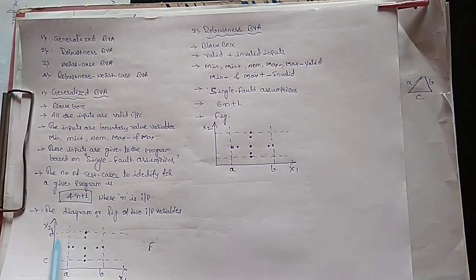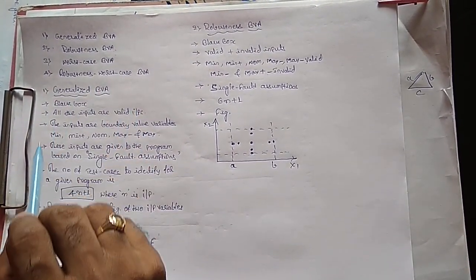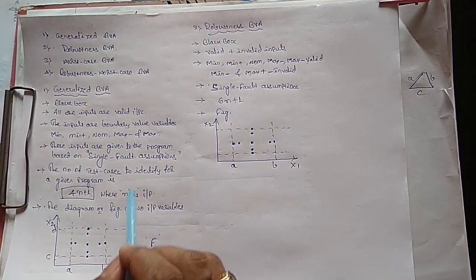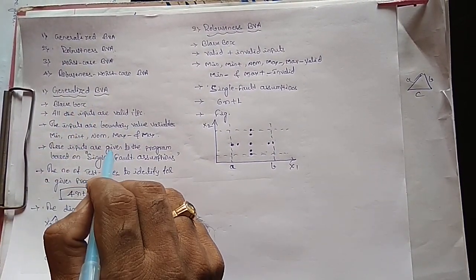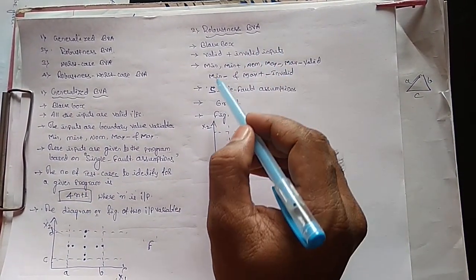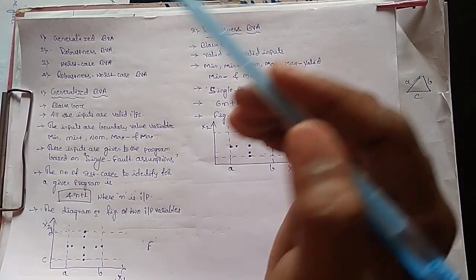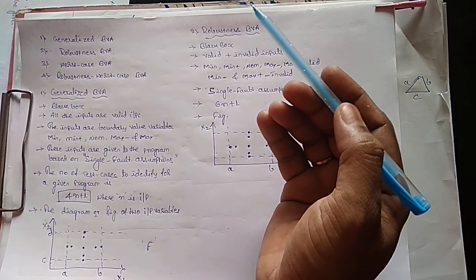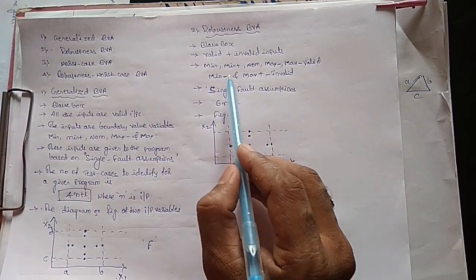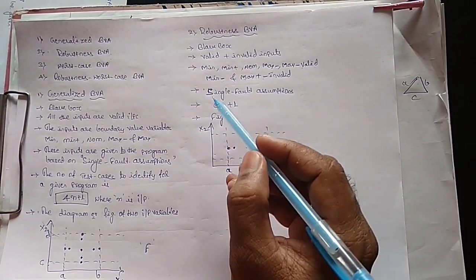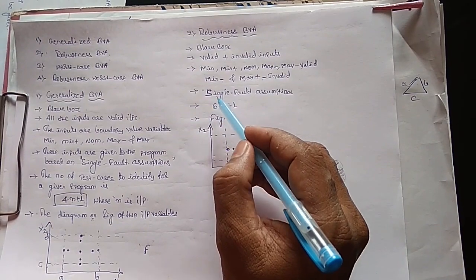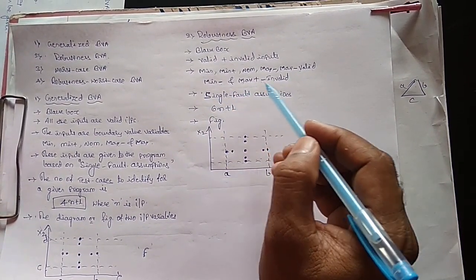Here in the generalized method, we only check valid input variables, meaning we test the program only for valid input variables. But in robustness, along with the valid input variables, we also test invalid input variables, meaning above the boundary and below the boundary. So we are going to check how the test cases are provided or specified for a given program.